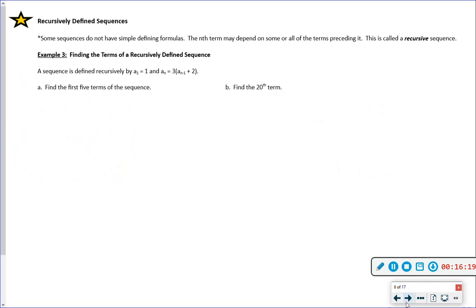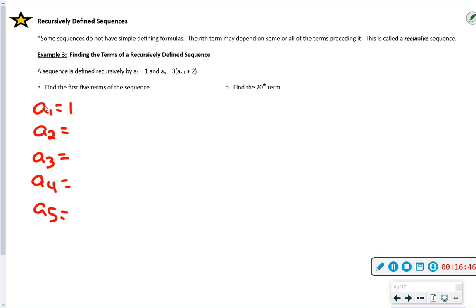I went too far. Okay, find the first 5 terms of the sequence. All right, let's do it. So clearly you're starting at A1. And I'm going to show you something on your graphing calculator for this one. Of course, taking a look here, n we know is higher, n minus 1, previous term.